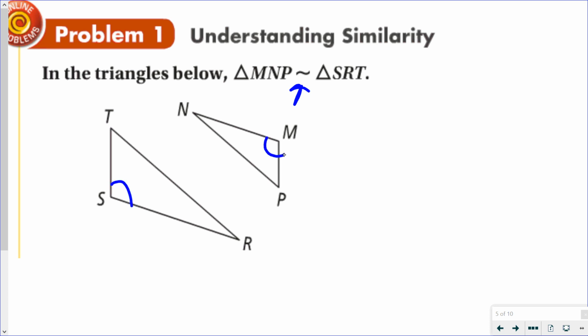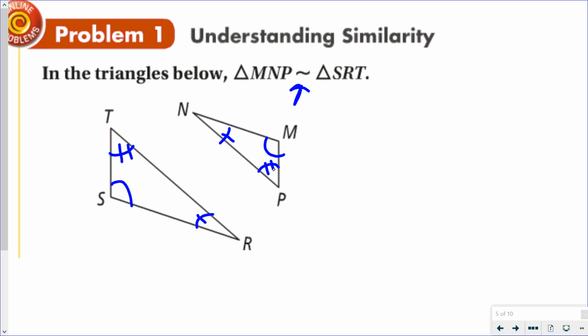So we're going to put the same symbol within the angle. Angle N is congruent to angle R. Same symbol. And angle P is congruent to angle T. So the corresponding angles are congruent if these two triangles are similar.